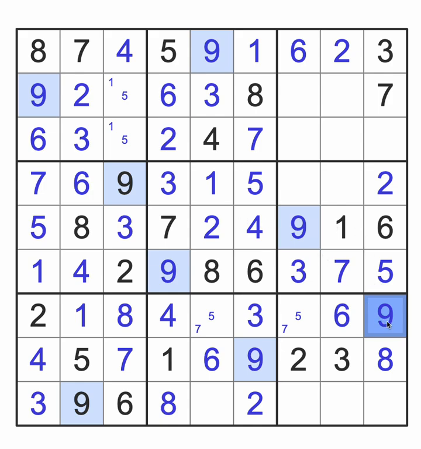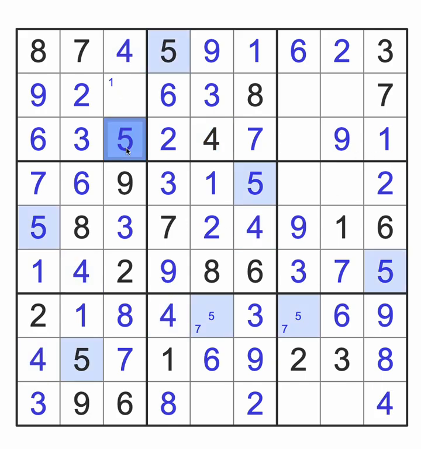Okay. 9, 9, 9 block these. Gives me 9 here. These are 1 and 4. So 4 gives me 1. Oh, 1 here. And 4 here.